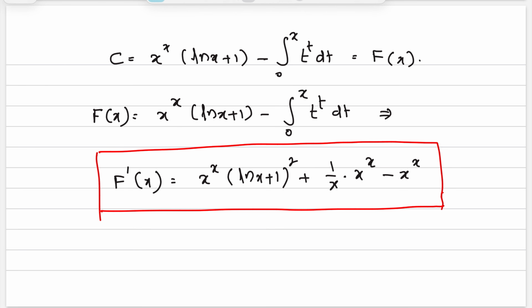Now you just see. ln x plus 1 whole square is always greater than or equal to 0. Please observe this. In mathematics, it's not only doing the mathematics, it's observing the things. Because 1 plus something whole square, provided x is greater than 0, let us say.